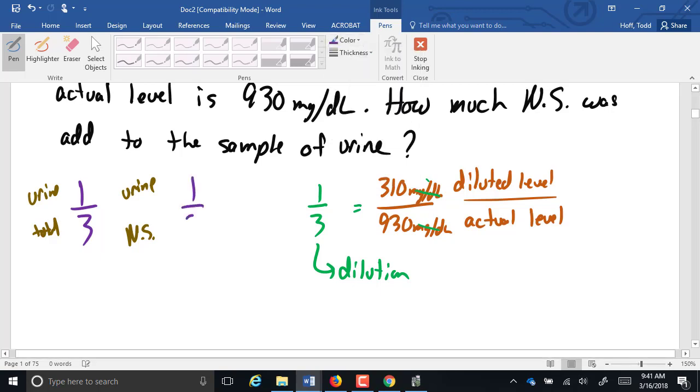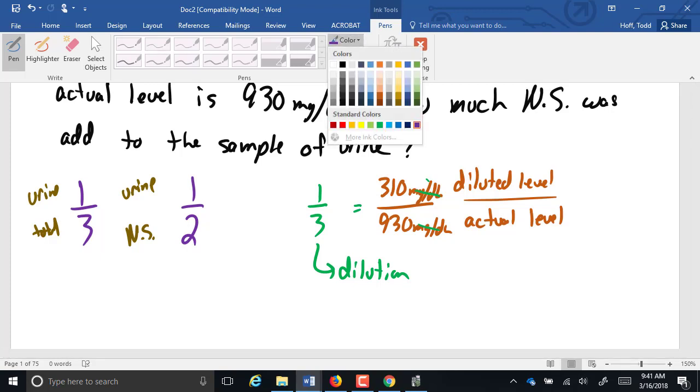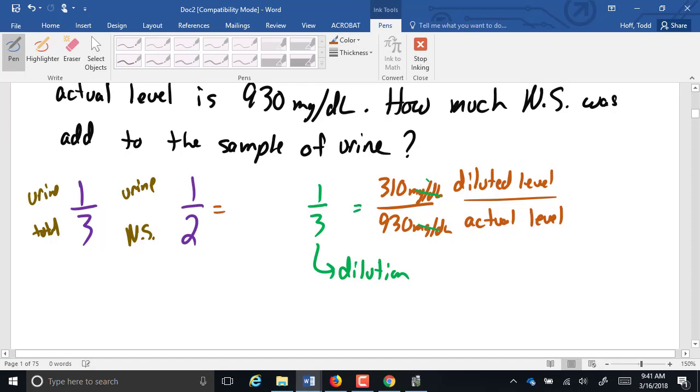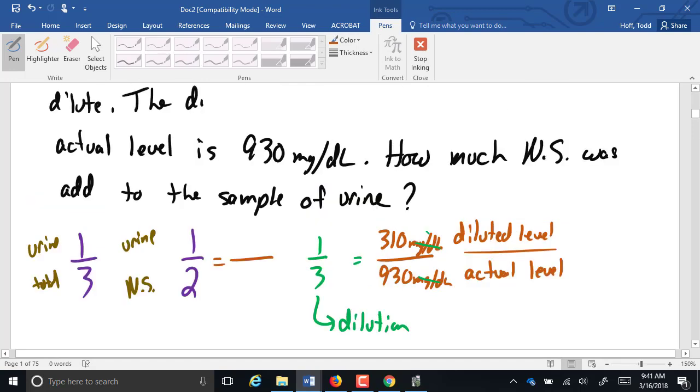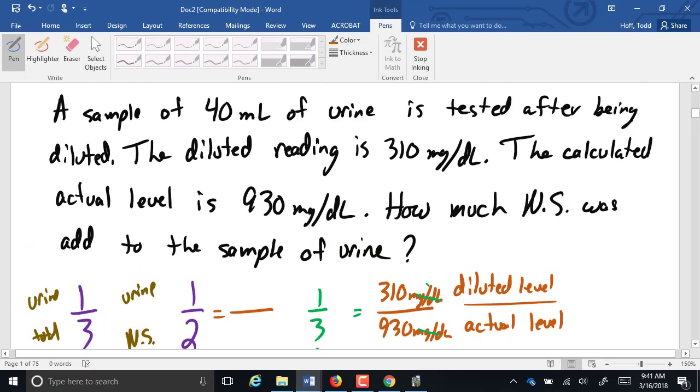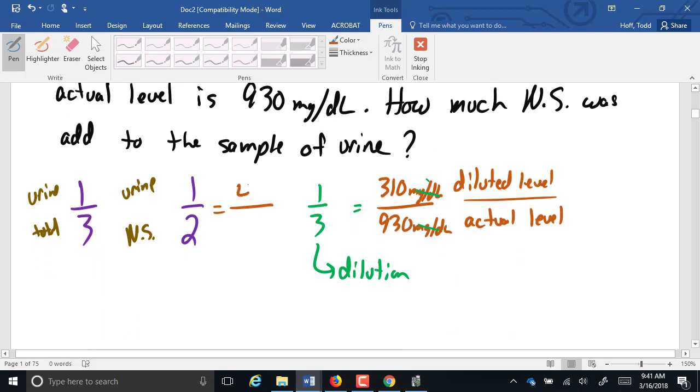So it'd be a 1 to 2 ratio. If there's 3 total parts and 1 is urine, the other 2 are saline. And then we had 40 milliliters of urine. And I could cross multiply 2 times 40 divided by 1. 80 milliliters of saline had to be added to it.